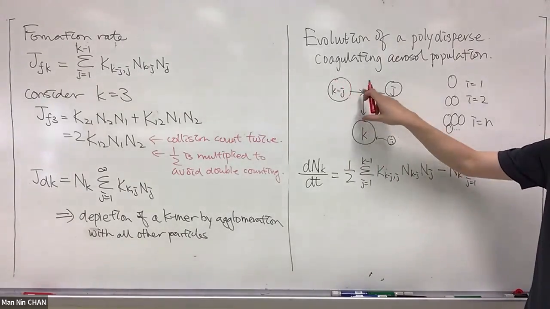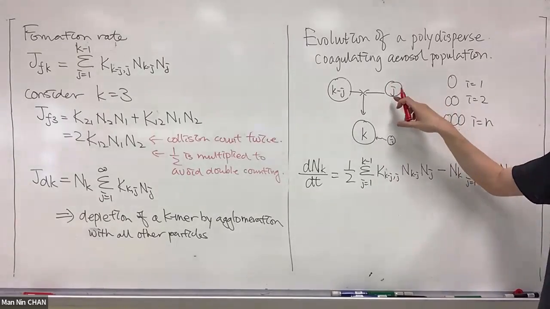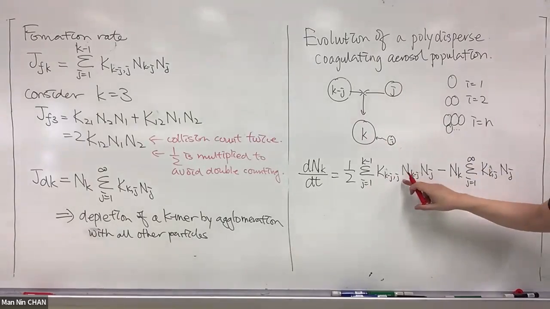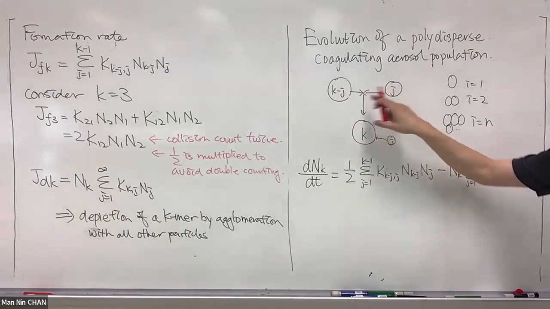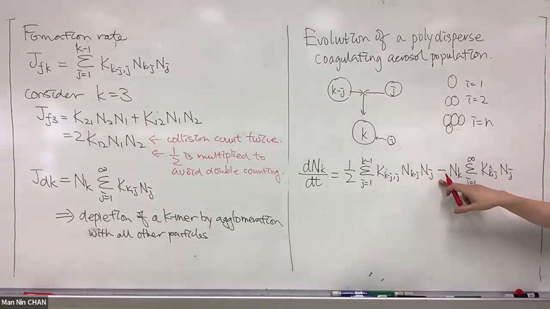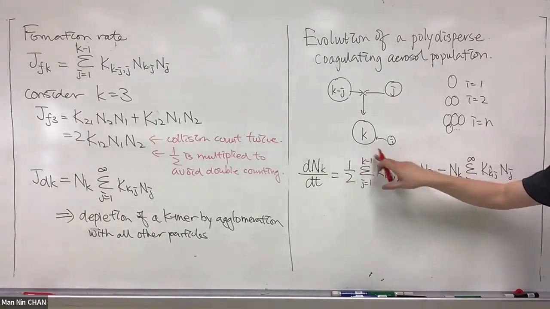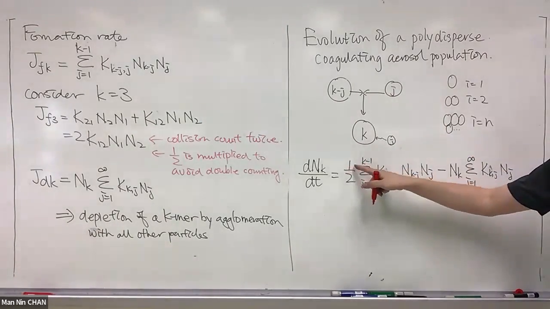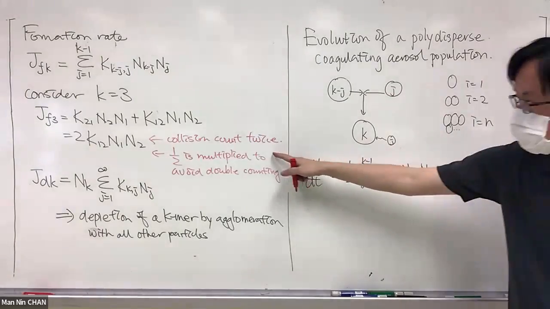It's K minus J reacting, or colliding, with a Jmer to give you the Kmer. And then you need to know the concentration for these two particles. And this is the formation, but because if you do the summation you have a double count, we just have to multiply by one half here, like we said.